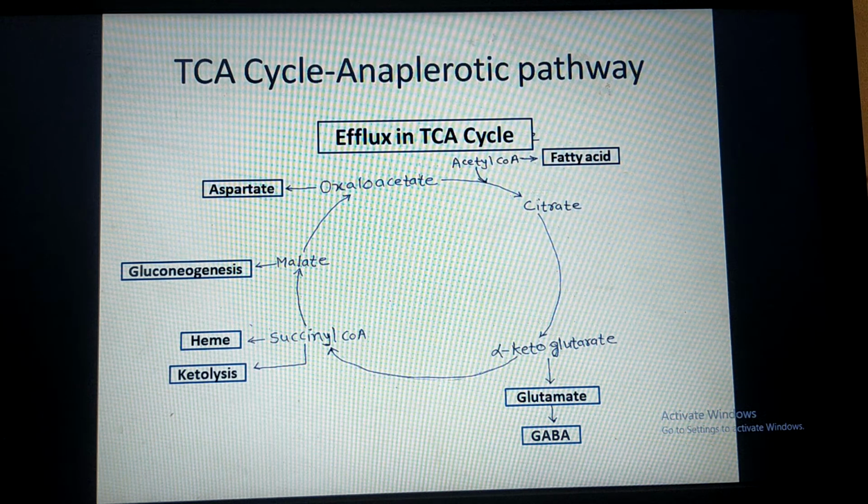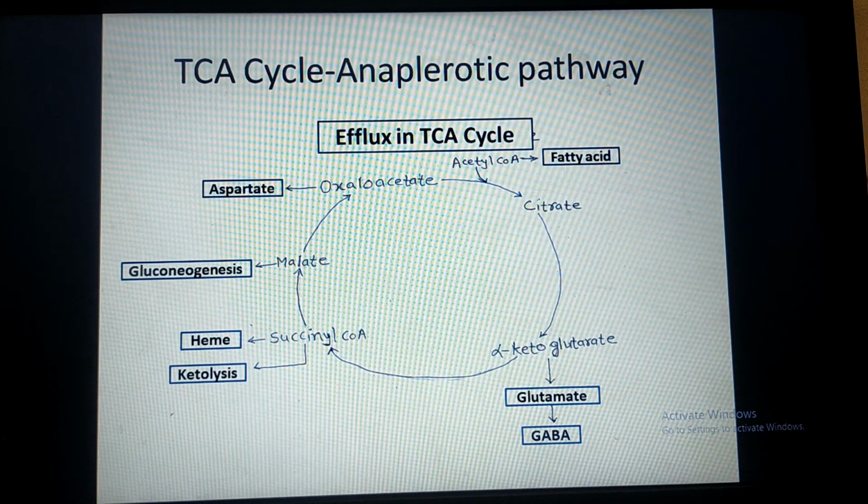Oxaloacetate from TCA cycle is removed and used for synthesis of aspartic acid. So these are the examples of efflux from TCA cycle. Efflux means removing the intermediates and converting them into various compounds. So we have studied influx of TCA cycle as well as efflux from TCA cycle. Such nature of TCA cycle is called the anaplerotic nature of this cycle.